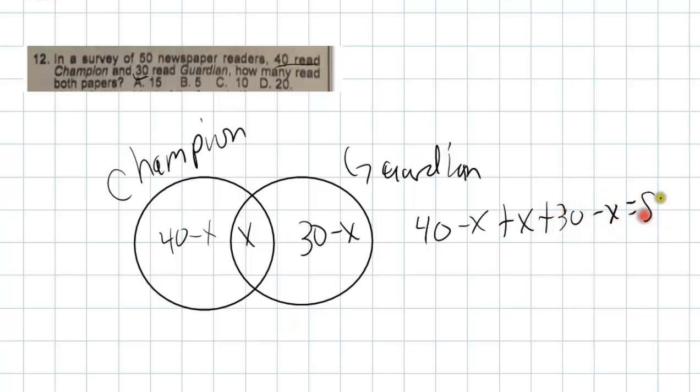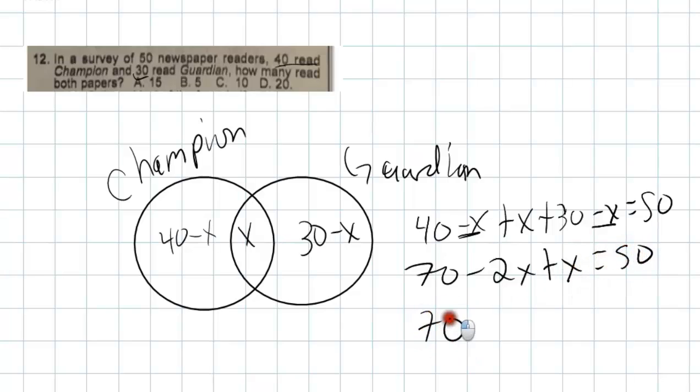All of that is going to equal 50. Okay, and now we're just going to solve for x. So we're going to have 70, and here we have negative x and negative x, and so we're going to get minus 2x plus x equals 50.